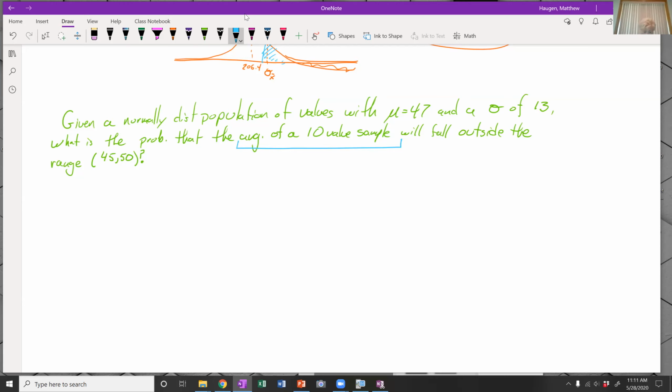Yeah, we're in our sampling distribution. So when you draw your distribution, we know our distribution is normal. Even though the sample size is very small, how do I still know that our sampling distribution is normal?